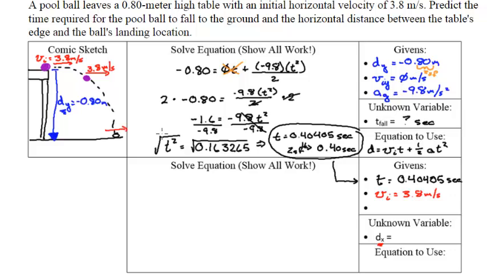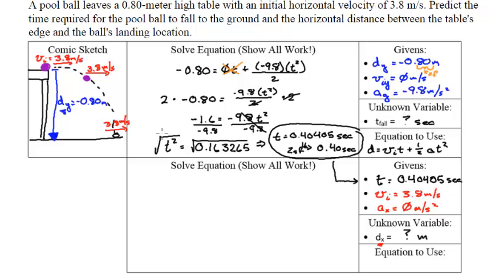And here it is 3.8 meters per second. Is the ball speeding up? Is the ball slowing down? Is the ball accelerating in the x direction? Is the ball decelerating in the x direction? No. So it has 0 acceleration in the x direction. The thing that I'm looking for is distance in the x, that's question mark meters.